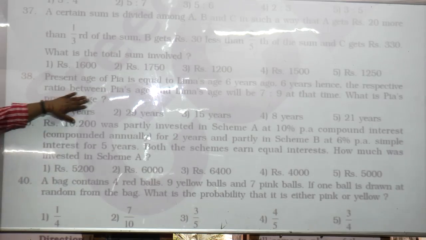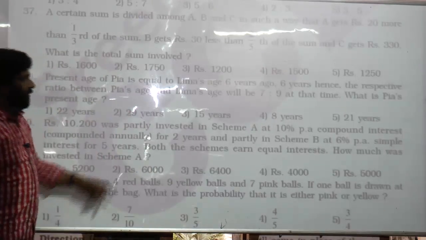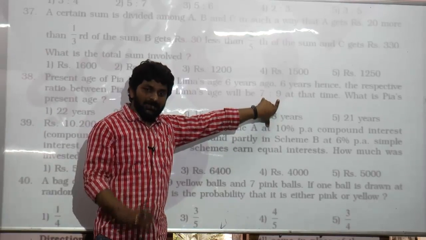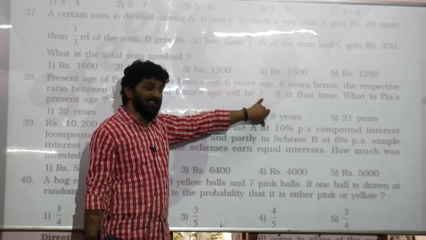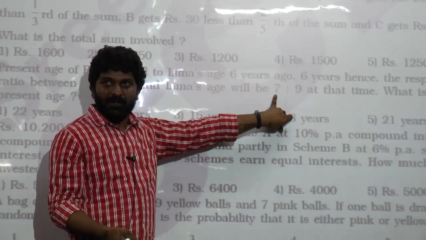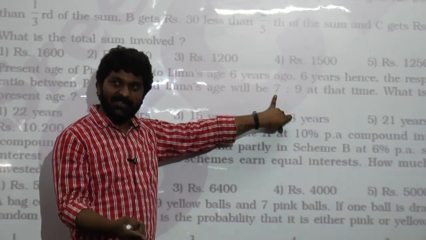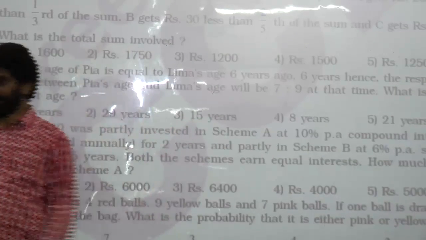Next, 6 years hence, after 6 years, the respective ratio between pi and Lima's age will be 7:9. So in terms of ratio, what is the age difference? 2 parts, and that should be equal to 6, so 1 part is 3, then pi's age is 7 parts, 7 threes, 21. Pi will be 21 years of age after 6 years. Pi's age now should be 15.